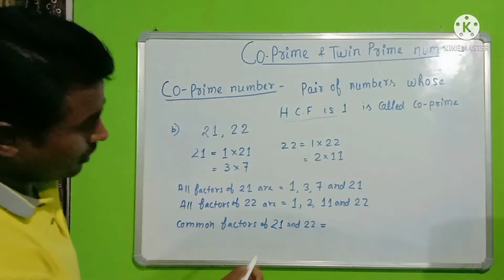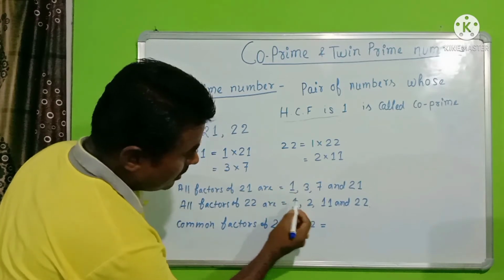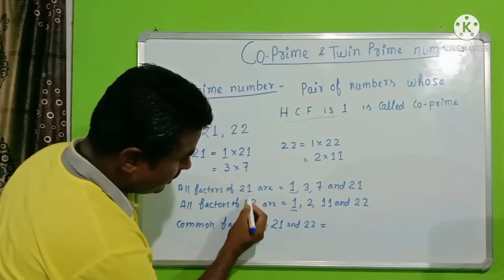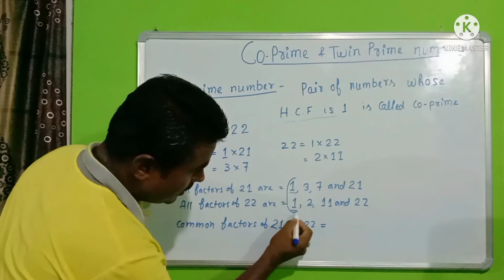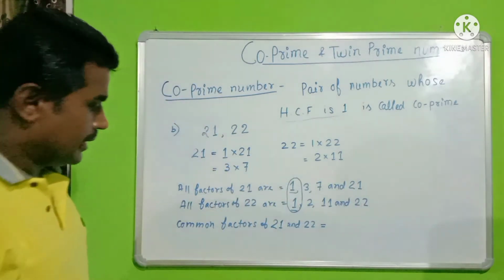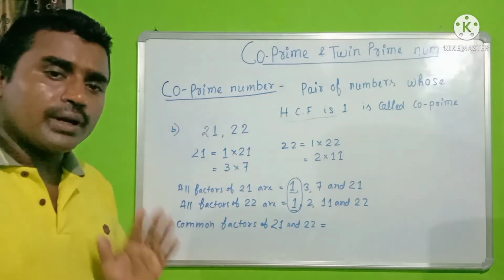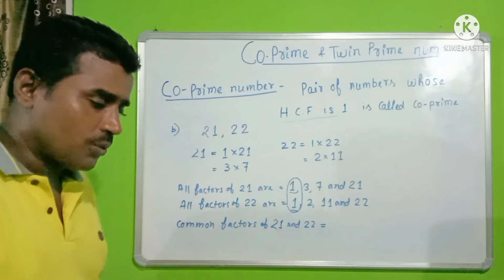So now observe common factors. Here 1 is the same, that means 1 is a factor of both 21 and 22, that means 1 is common. Then there is no other common factor. That means 21 and 22 have only one common factor, it is 1.